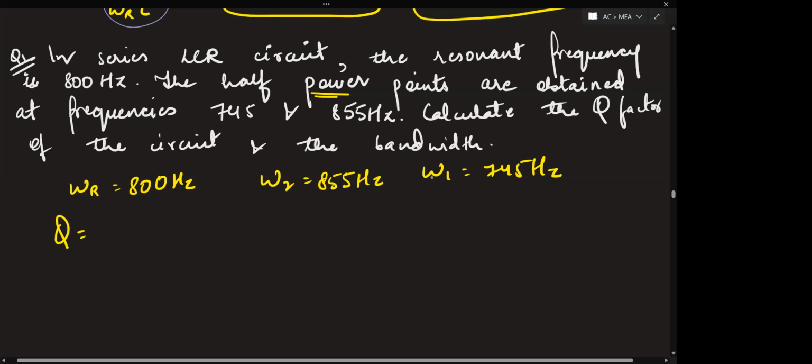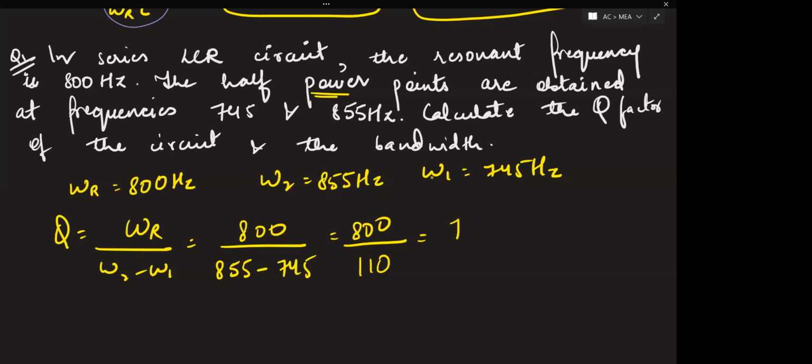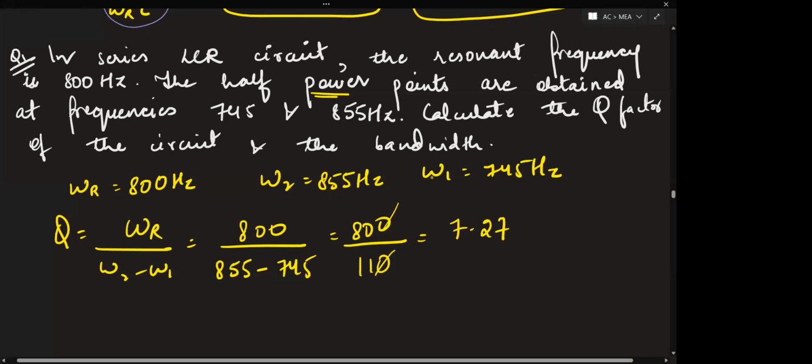See, Q factor will be omega R by omega 2 minus omega 1. That makes it 800 by 855 minus 745. That becomes 800 divided by 110, which is equal to 7.27. It should be around 7.27 only. And bandwidth is what?